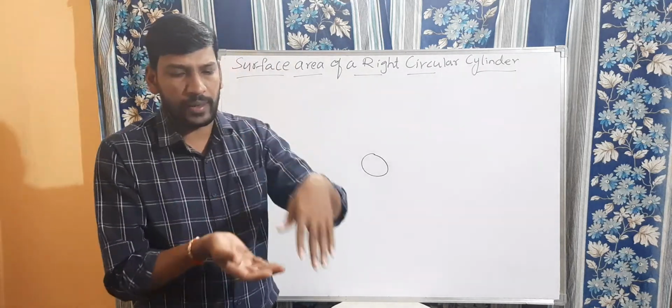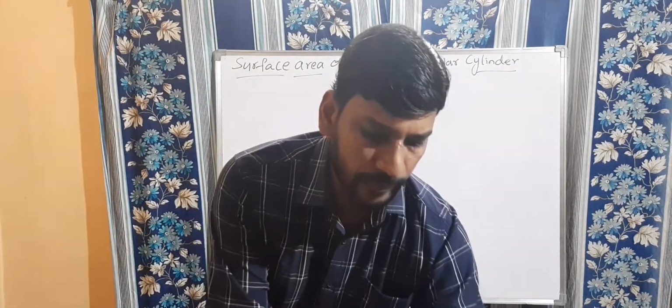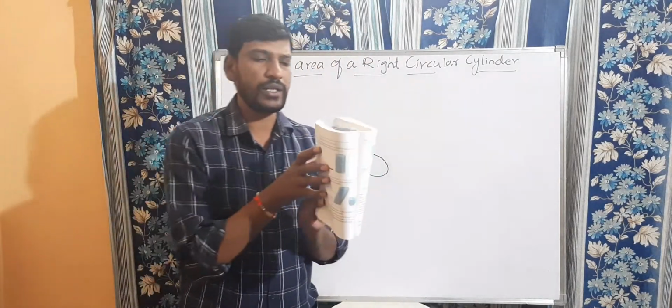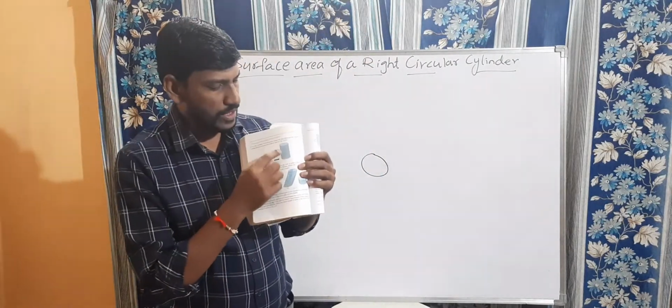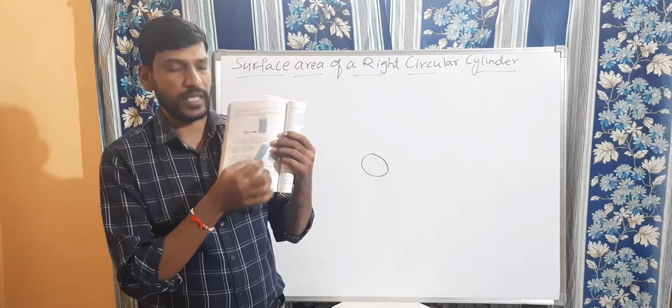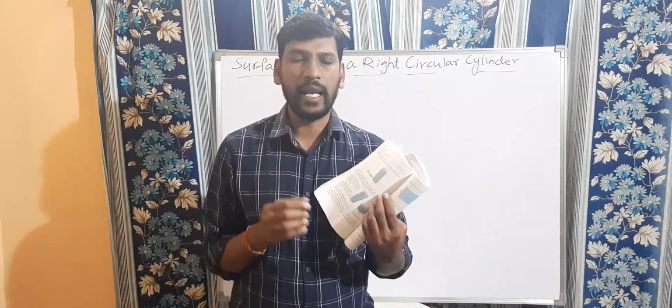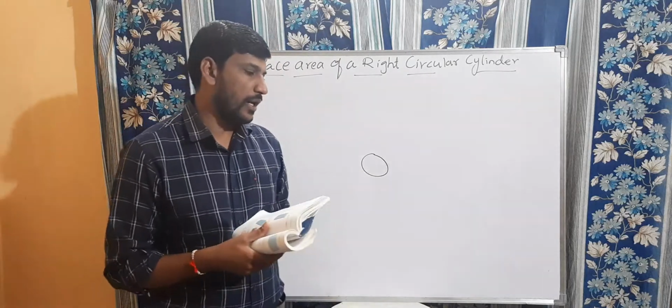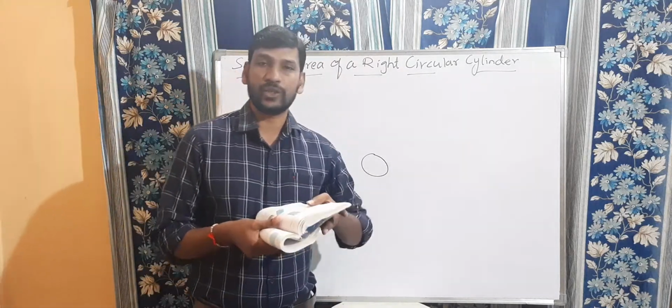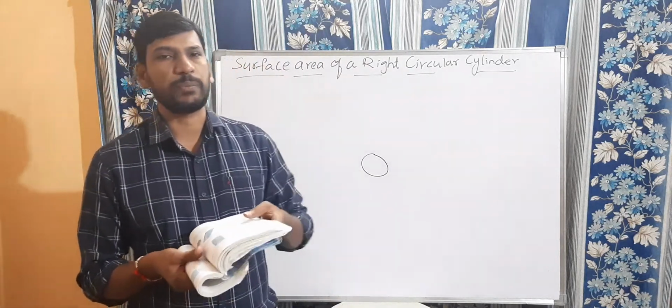You will get a form like this. This is called a right circular cylinder. The base is always in the form of a circle. Circumference of a circle is 2 pi r. Area of a circle is pi r square.